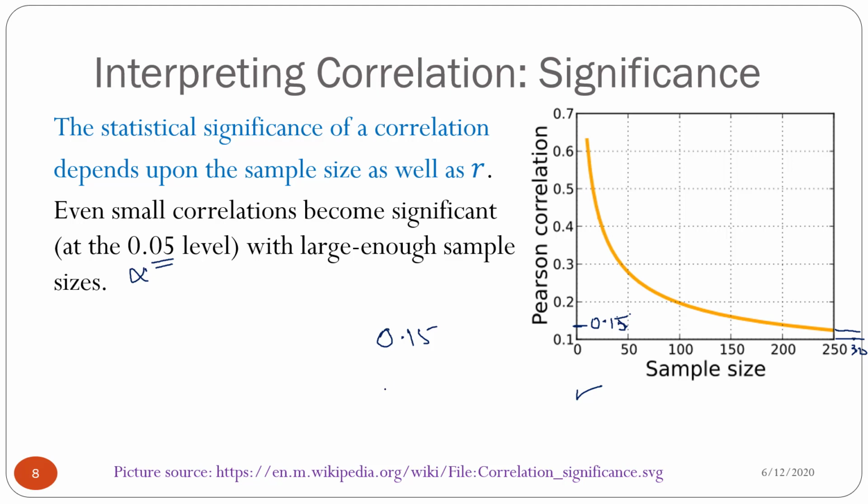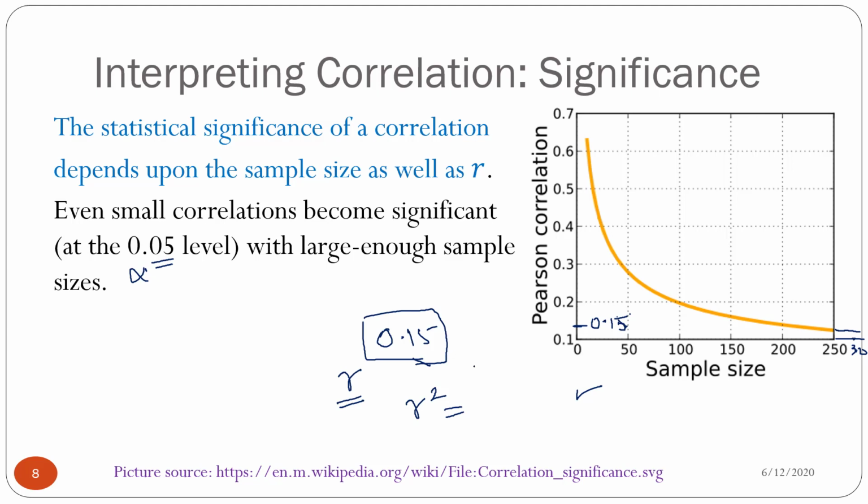But the interesting thing about the correlation coefficient is that it not only depends on the sample size, but it also depends on R. Although this value is small, and the sample size is big, so you are fine with it, the problem is that when you compute R squared, it is going to be very, very small.